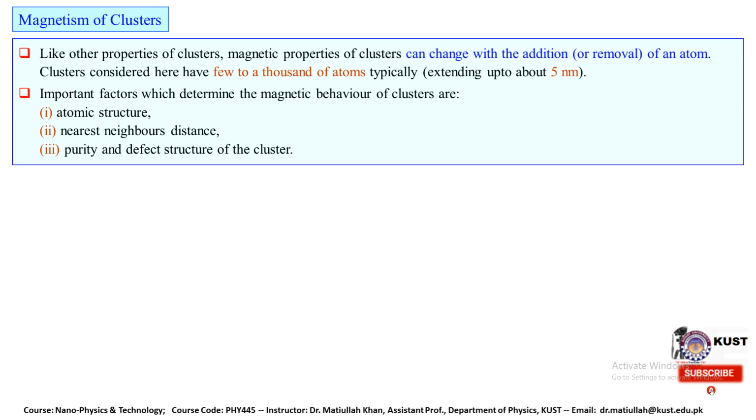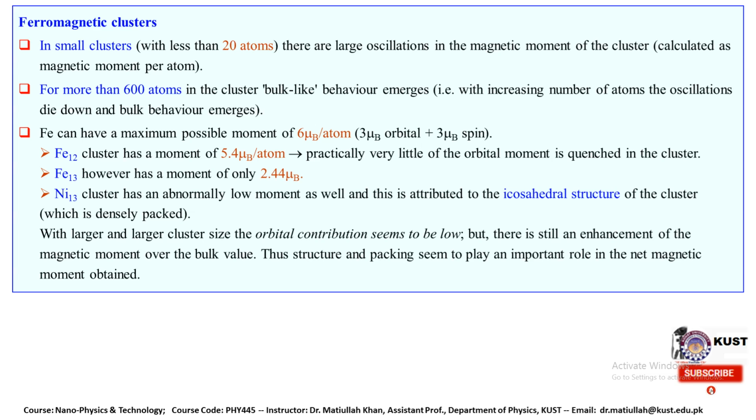So important factors which determine the magnetic behavior of clusters are the atomic structure, the second one is the nearest neighbor distance, that is the coordination number actually, and the third one is the purity and defect structure of that particular cluster. We have ferromagnetic clusters, and how can we describe the property of the ferromagnetic cluster.